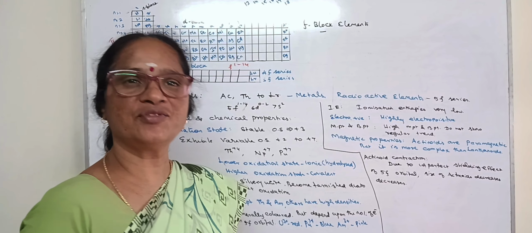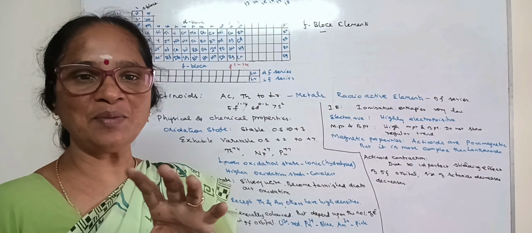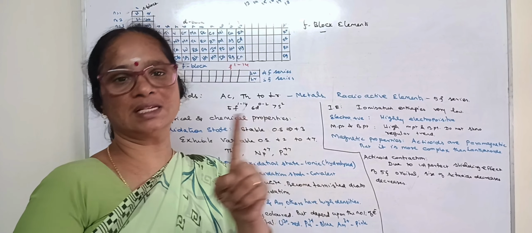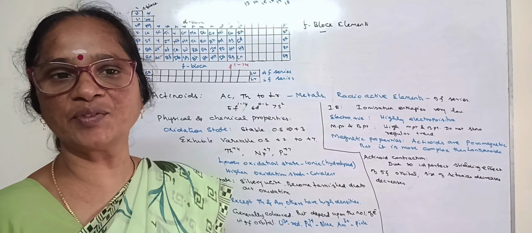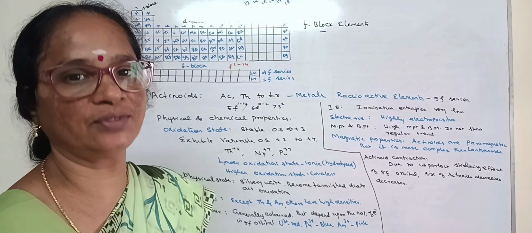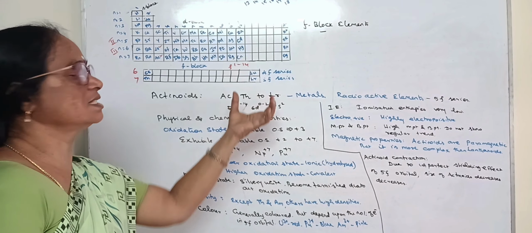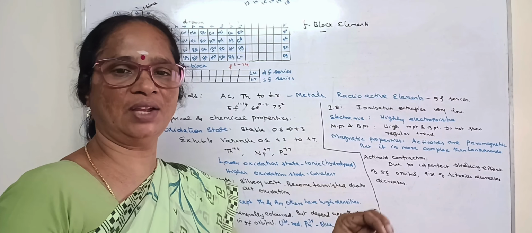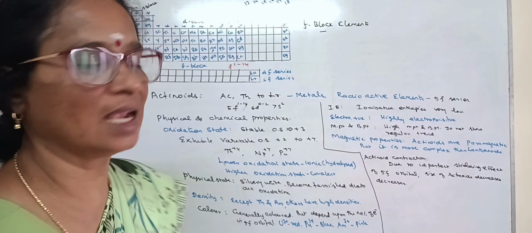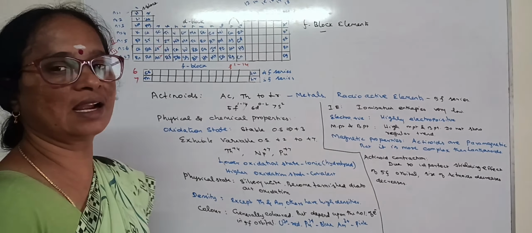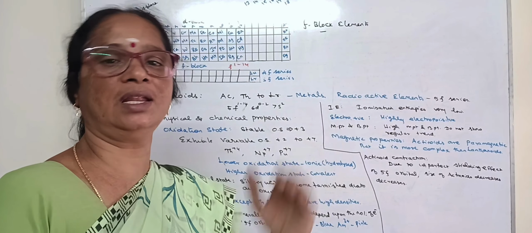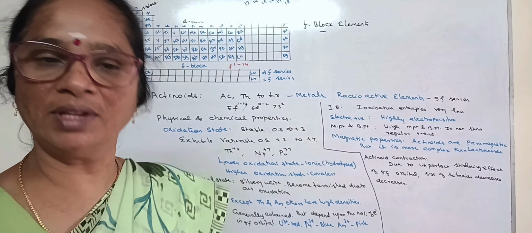Half-life is the time taken to reduce from 1 gram of the salt to half a gram. So most of the synthetic radioactive elements are very short-lived, and hence the chemistry of actinides becomes difficult. But we have long-lived radioactive elements also.